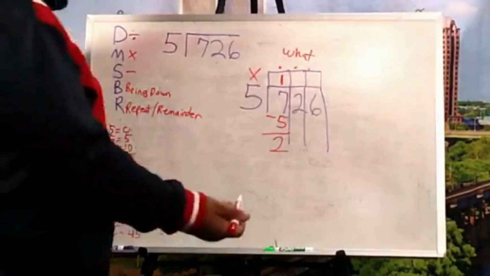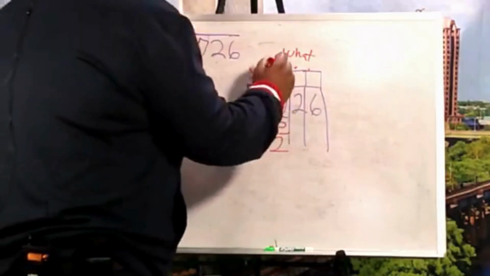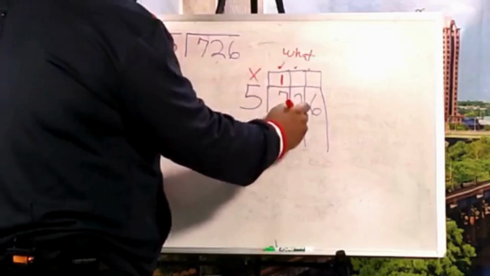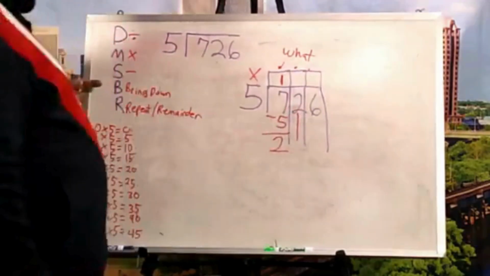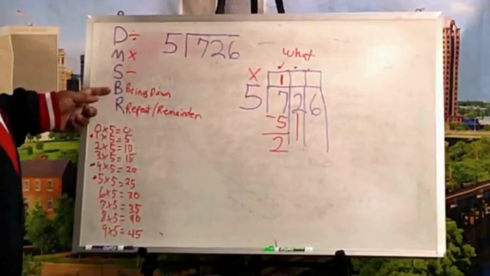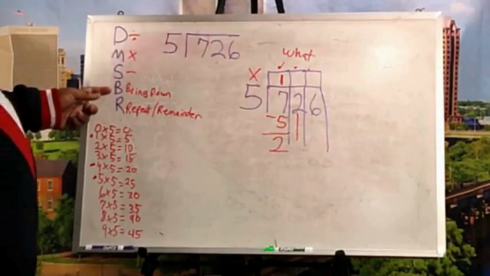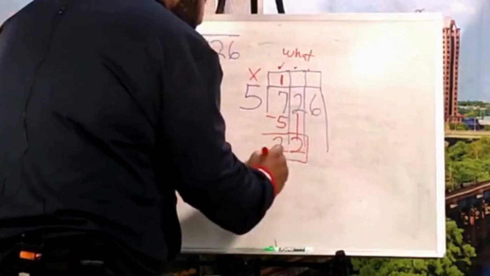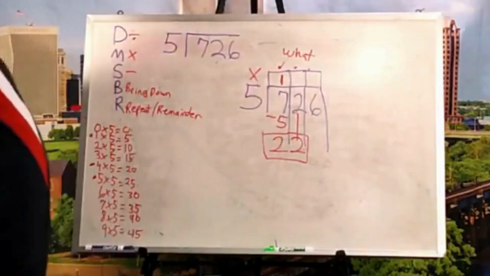So now I'm going to go up the elevator shaft. I'm going to check this off here, and I'm going to press boom, like the elevator calls it down. This is my B, bring down. I'm going to bring it down. And right now, beside the 2, I'm going to put a 2, and so my new number is going to be 22.